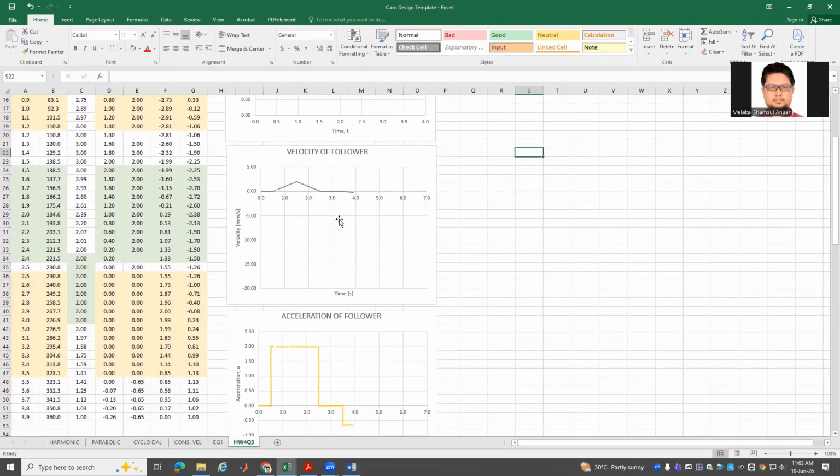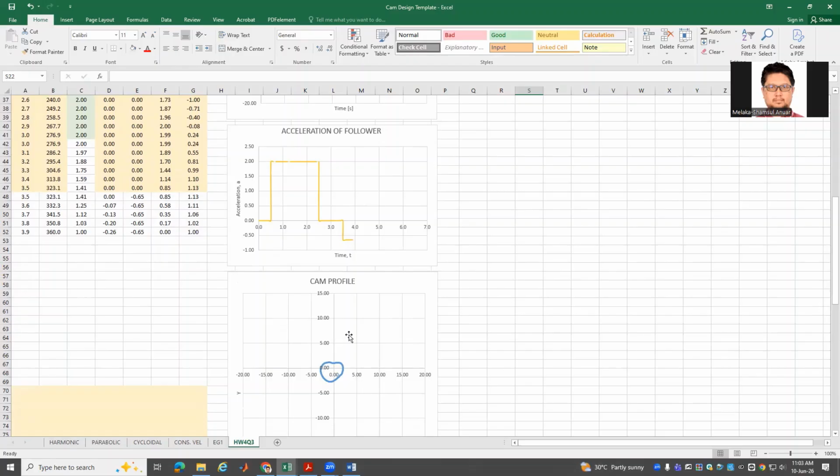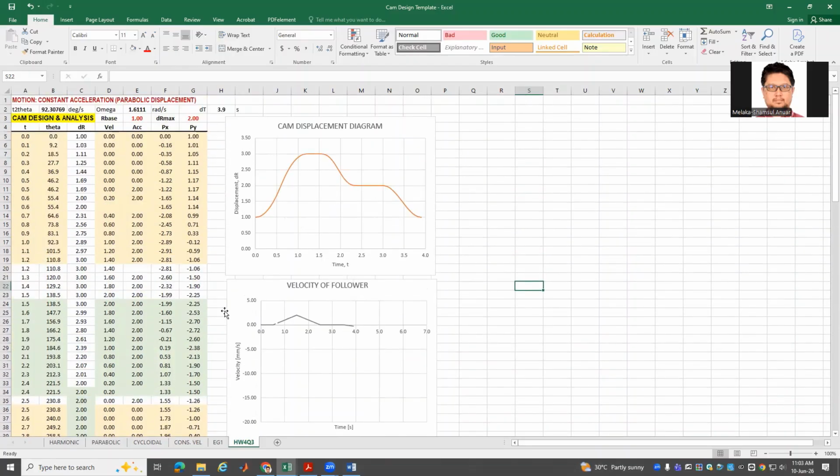But you can do pretty much the same thing, just copy from the correct column and do for velocity, acceleration, and then finally you can get your cam profile. So for the cam profile, it depends.